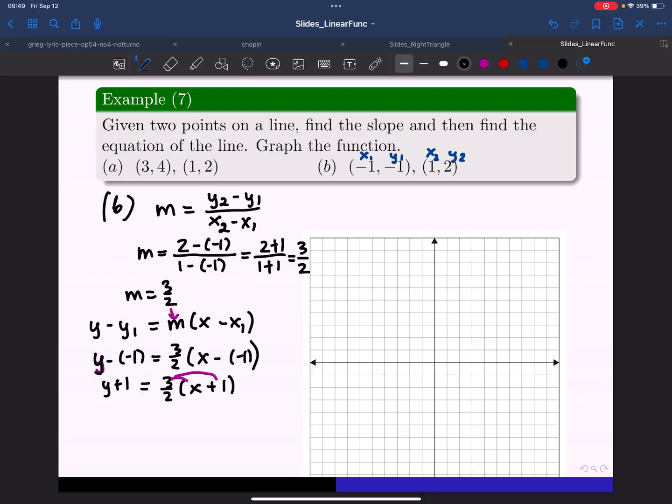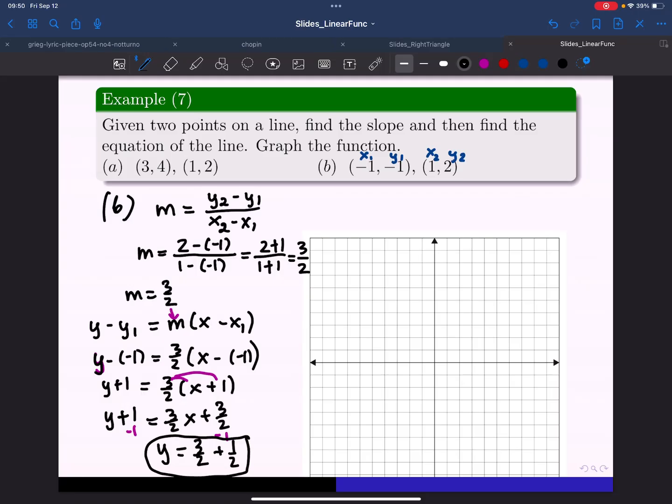So we have y plus 1 is equal to 3 halves x plus 3 halves. And then we would subtract 1 from both sides. So what we have is y is equal to 3 halves x plus 1 half.